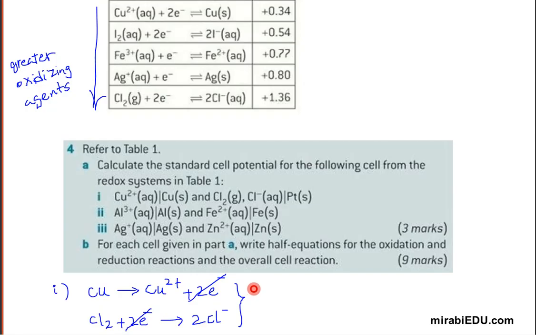Okay, totally if we add them together, we'll have copper plus Cl2 gives copper 2 plus and 2 chloride.